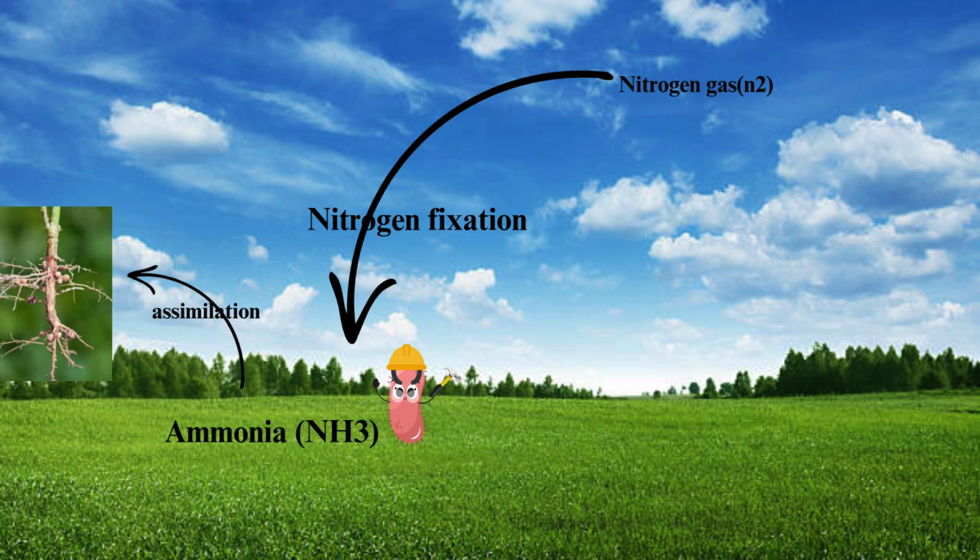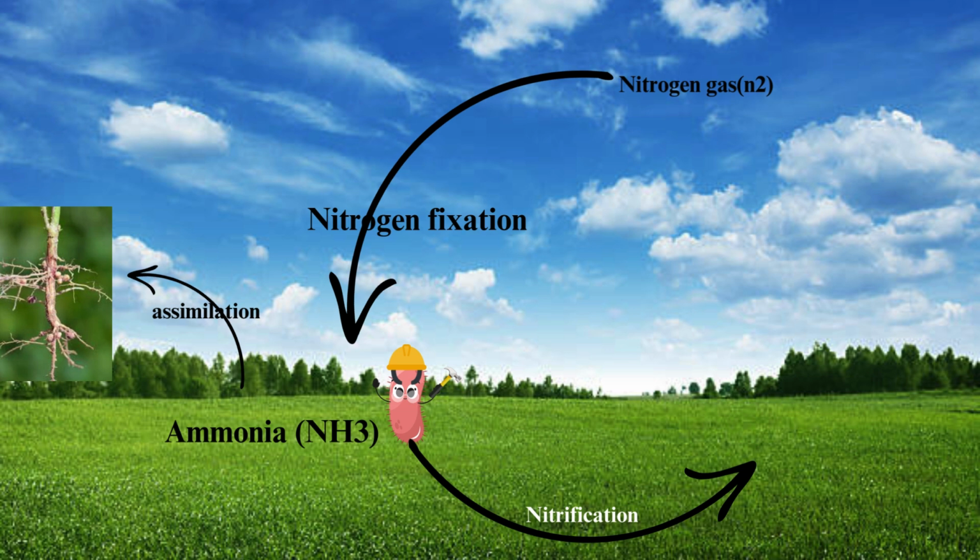So our next step is the conversion of ammonia into nitrates, a process called nitrification. Nitrification is done by nitrifying bacteria. These bacteria oxidize, or add oxygen to, ammonia in chemical reactions that first convert the ammonia to nitrite, NO2 minus, and then nitrate, NO3 minus.